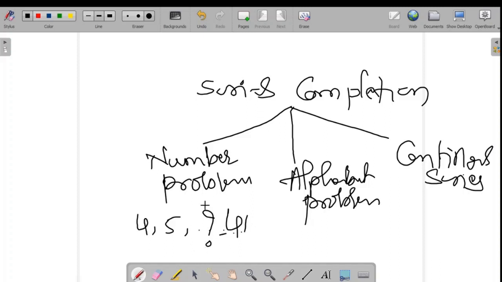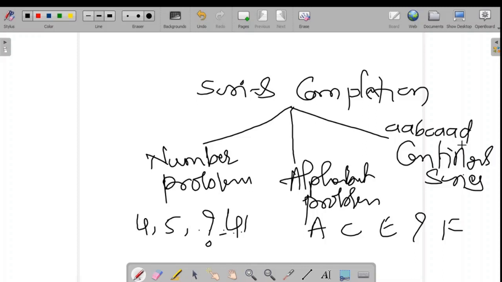And we'll have to fill this question mark with the appropriate number in the series. Then alphabetical, like A, C, E, question mark, F. We have to fill this with the appropriate alphabet based on the series. And continuous series will be something like this: A, B, C, A, D. These types of problems will be appearing in the exams.